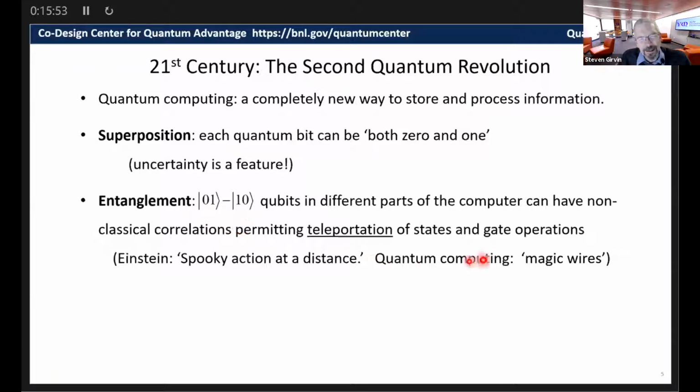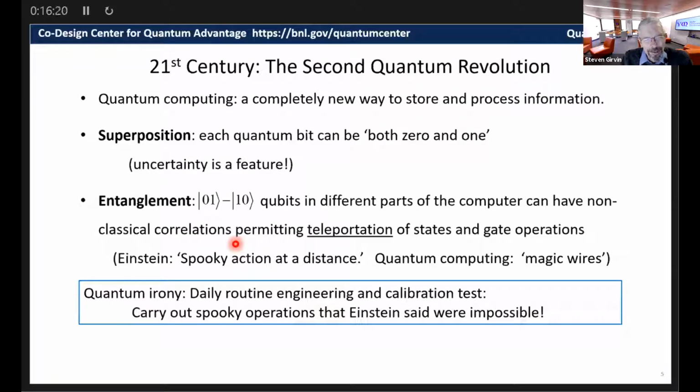And this was the thing which Einstein understood better than some of the other founders of quantum mechanics. And it was the reason that he felt quantum theory had to be wrong. He just felt the spooky action at a distance associated with entanglement meant that the theory was incomplete.